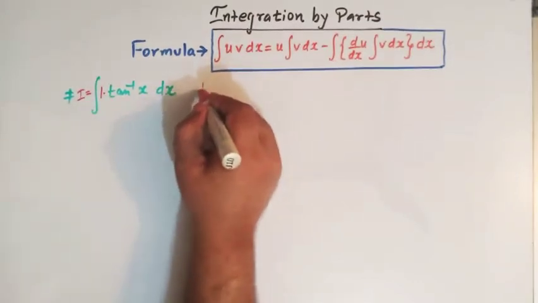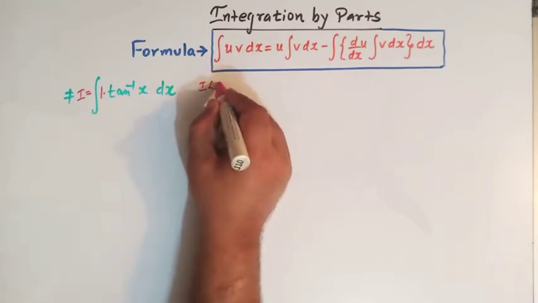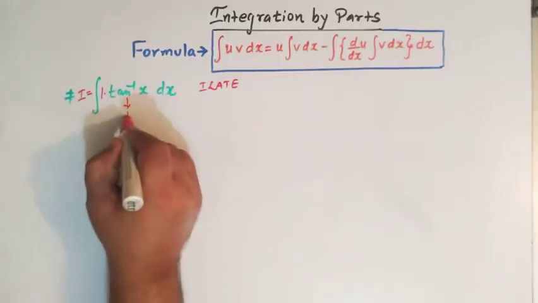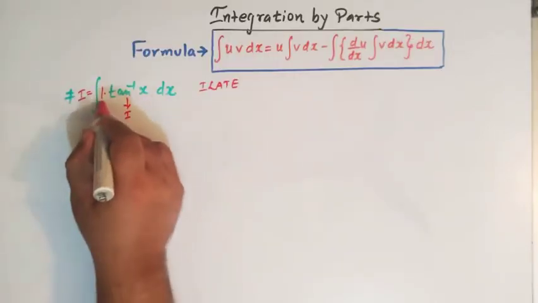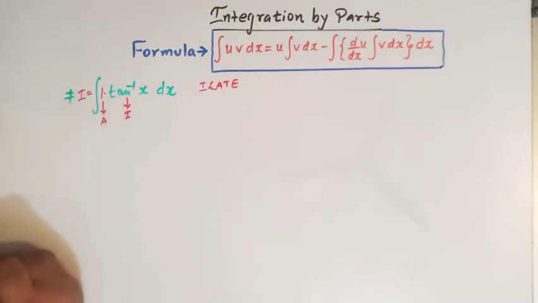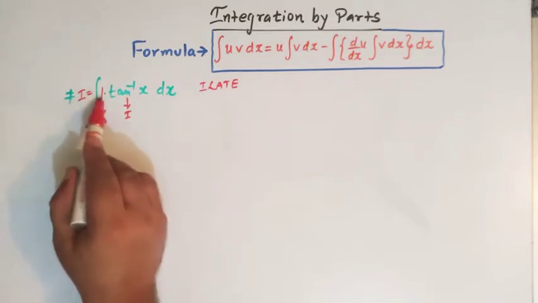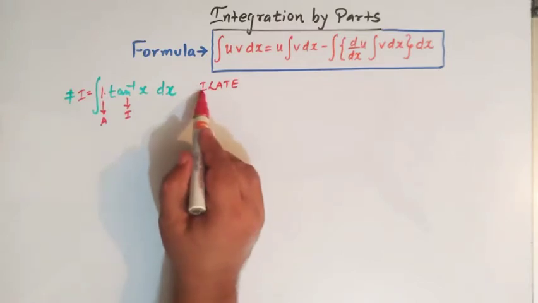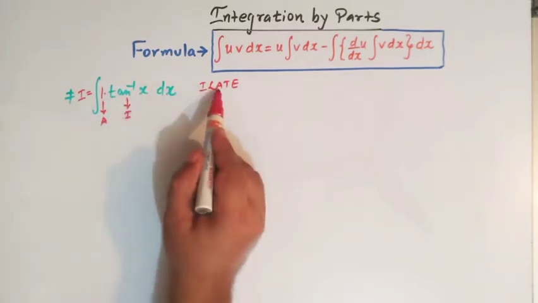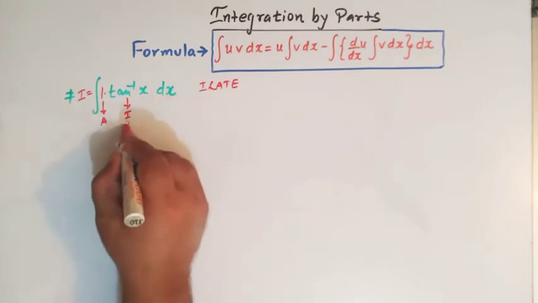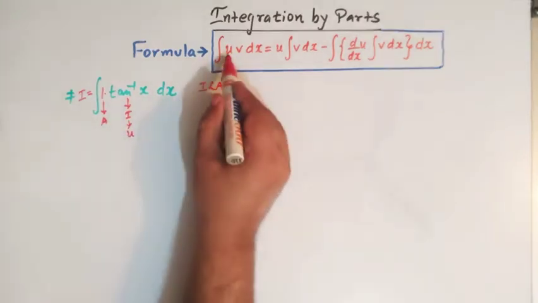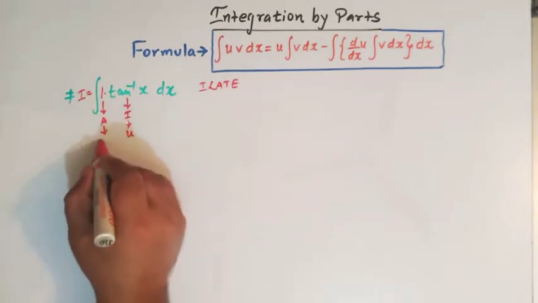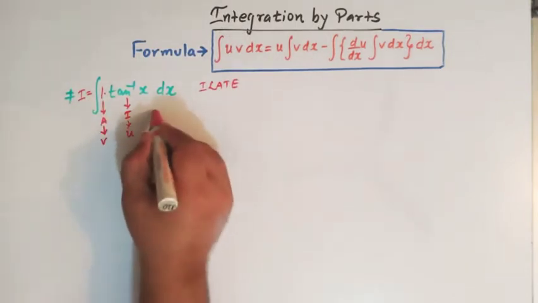Again we will make use of ILATE. Here this is the inverse function, this one is the algebraic function, and this is a constant function. We see that the inverse function I comes before A, therefore this is taken as the first function u, and the algebraic function 1 is taken as the second function v.